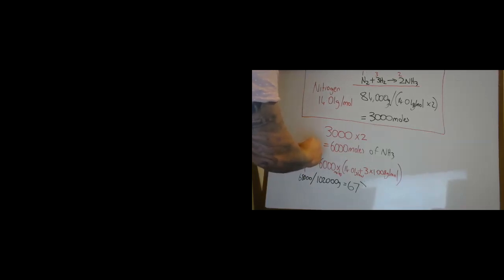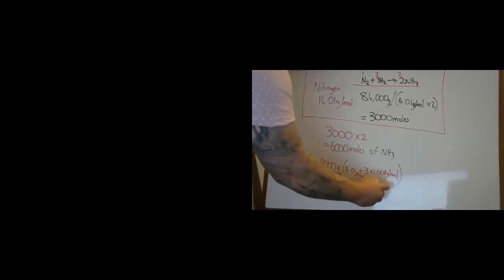This is the actual yield, and this is the theoretical. So we divide the actual by the theoretical, and we get the percentage yield, which is the actual over the theoretical yield.